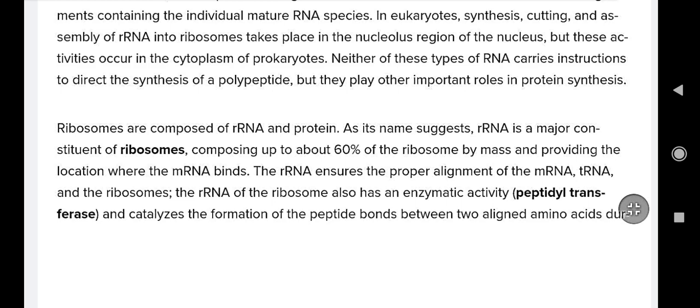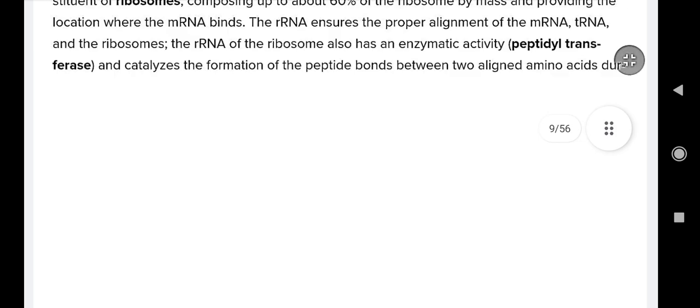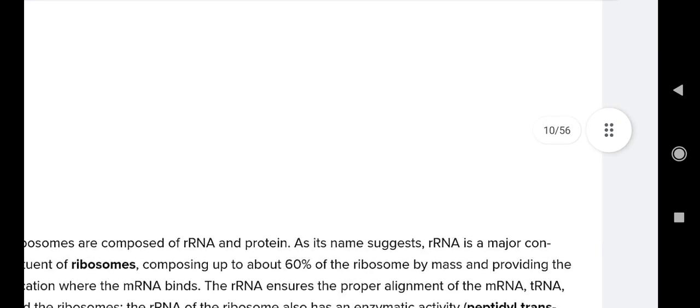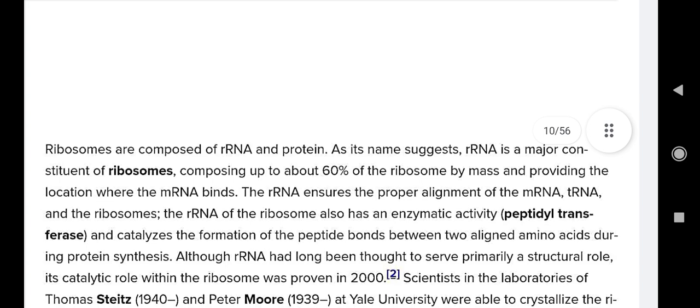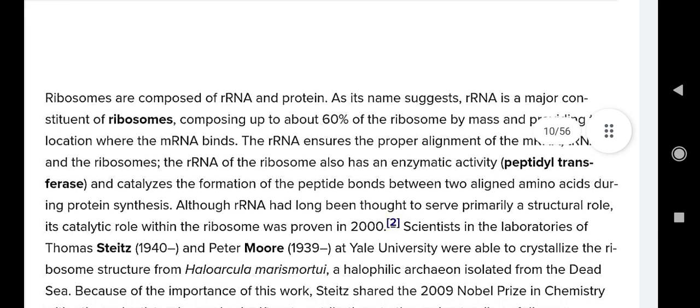There are some RNA in the ribosomes which have enzymatic activity, that is peptidyl transferase activity, and they catalyze the formation of peptide bonds between two aligned amino acids during protein synthesis.